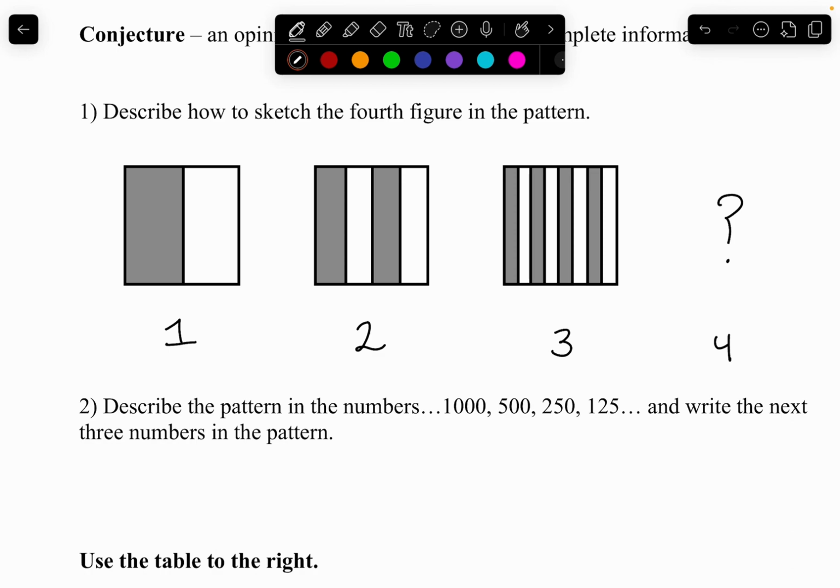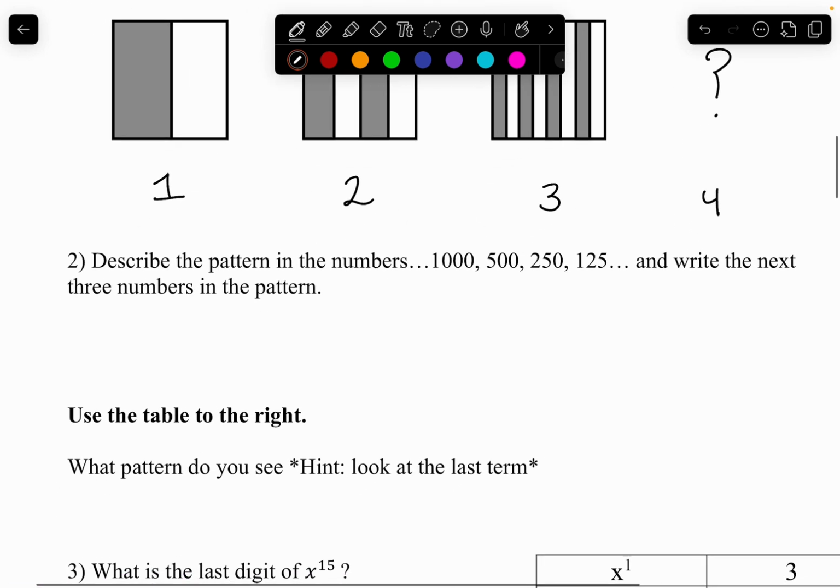We're going to move on to number 2. It says, describe the pattern in the numbers 1,000, 500, 250, 125, and write the next three numbers in the pattern. So what does it look like is happening in this pattern when you're going from 1,000 to 500, 500 to 250, 250 to 125? Hopefully you're saying to yourself, oh, it's being cut in half, okay?